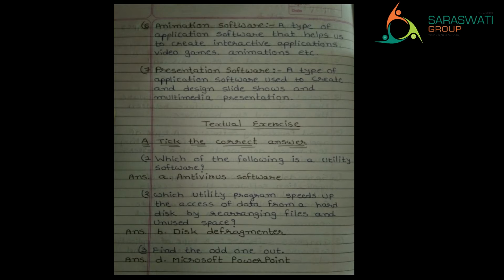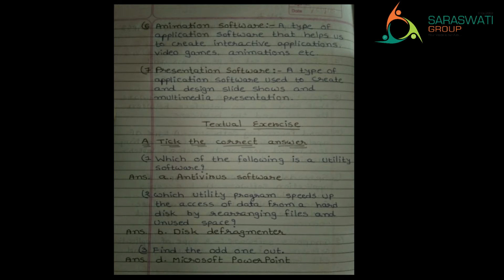Right? Okay. The third one, find the odd one out. If you see in the four options, certain systems, that means certain software names, are given, right? Like reservation system, student management system, billing system, and Microsoft PowerPoint. So we just have to find out which one is different from the given.